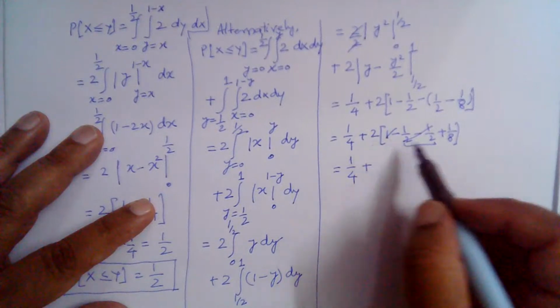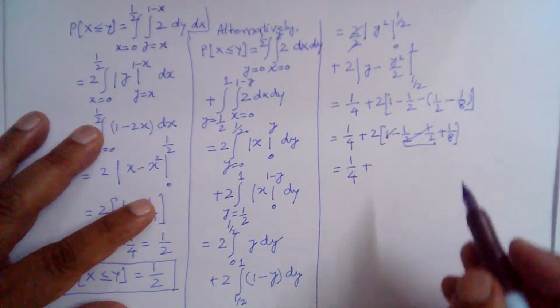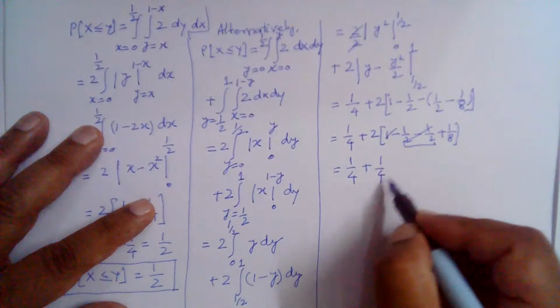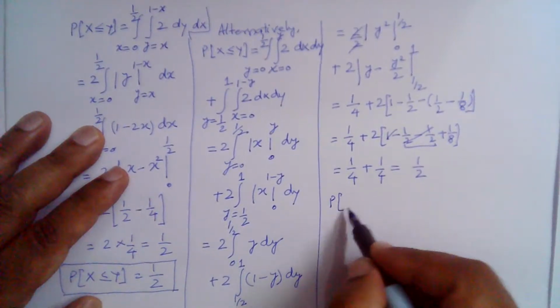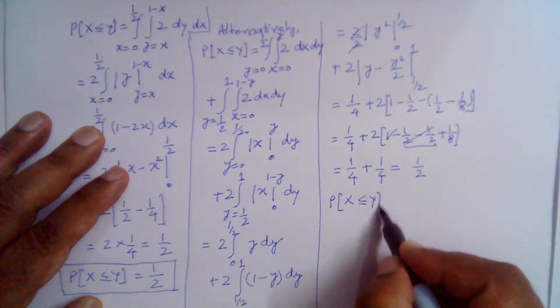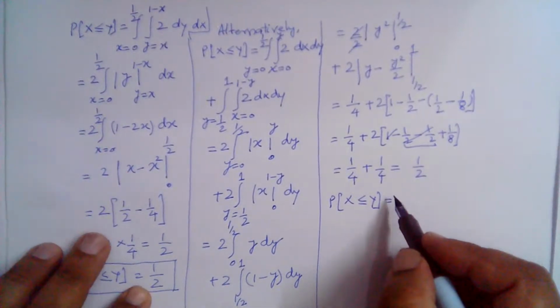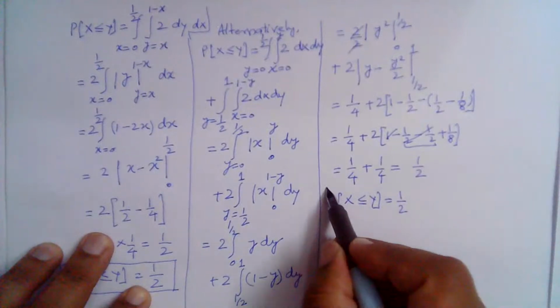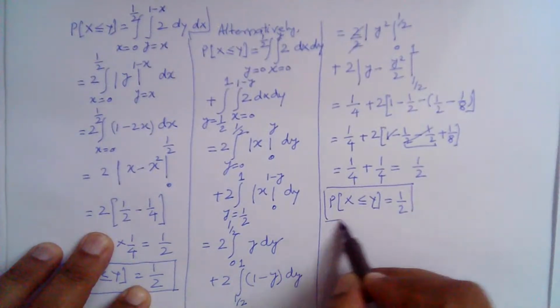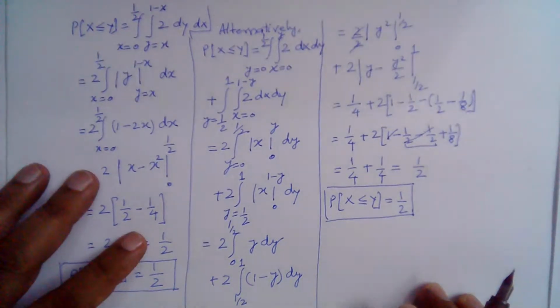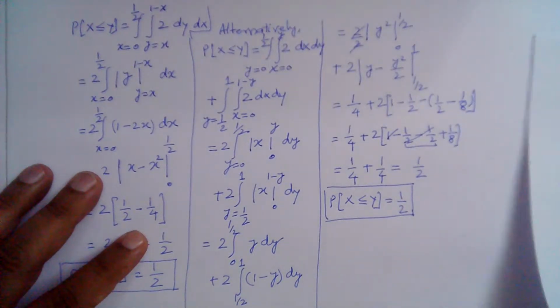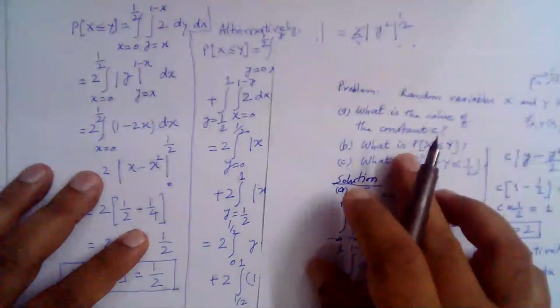So we're left with 2 into 1 over 8, so that will be 1 over 4, and that should be 1 over 2. So the probability that x is less than or equal to y is again the same value, 1 over 2, that we determined earlier, but now in a different way. So we are done with part B now also.